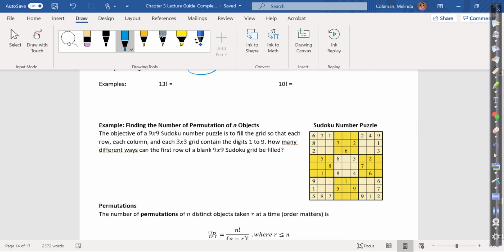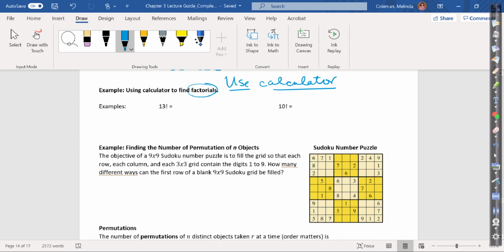So if we write that down, 13 factorial was equal to 6, 2, 2, 7, 0, 2, 0, 8, 0, 0. I'll put my commas in place. This is hundreds, thousands, millions, billions. So this is 6 billion. So there are over 6 billion ways for this to happen.